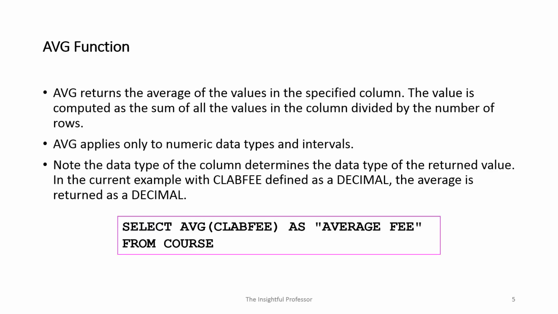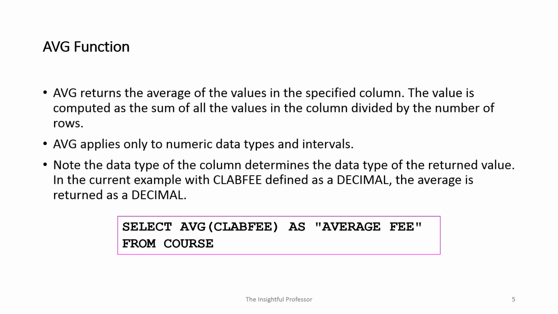Okay, let's go one step further now and look at the average function. The average function returns the average of the values taken from the specified column, the column passed as an argument. The value can be thought of as being computed as the sum of all of the values in the column divided by the number of rows whose values were passed to the function.